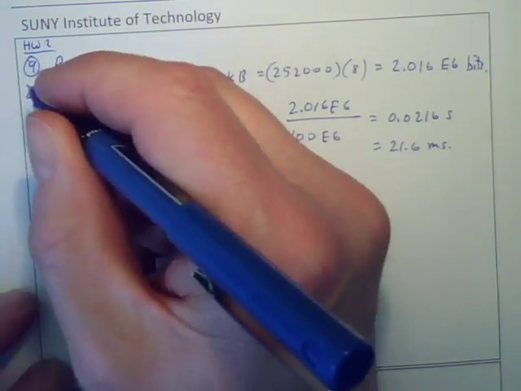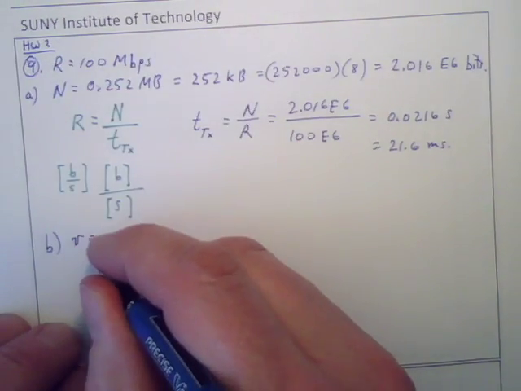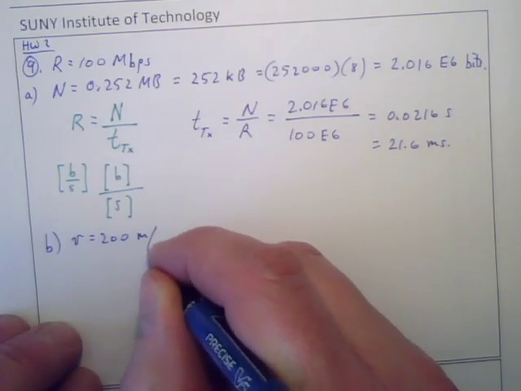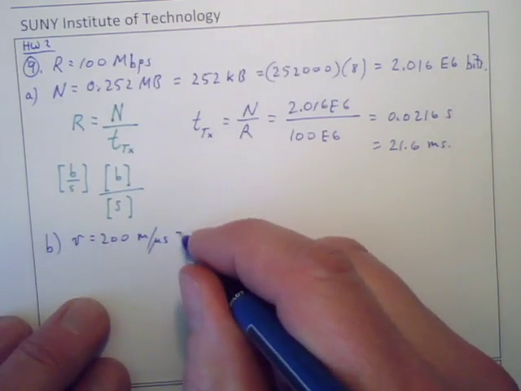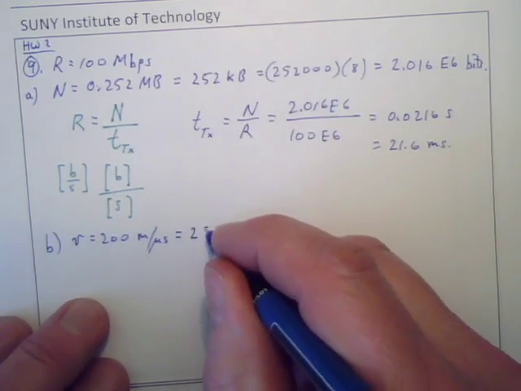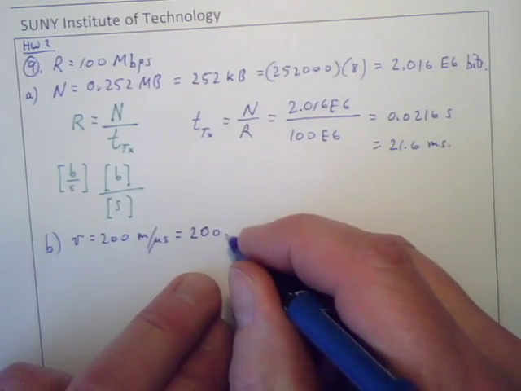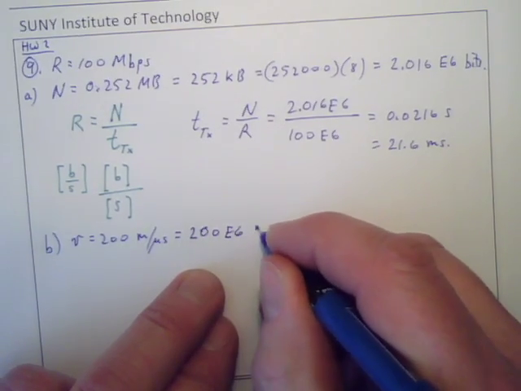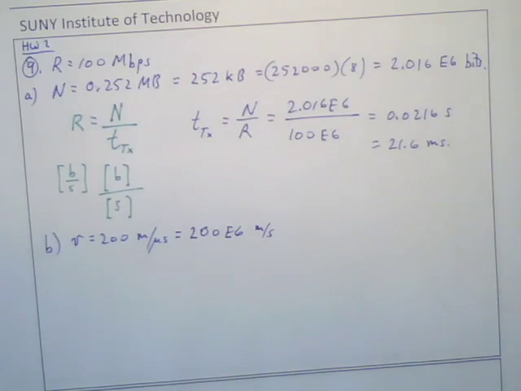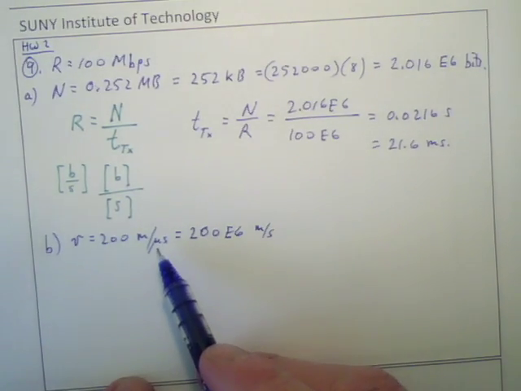For part B, we're given that v is 200 meters per microsecond, which is the same thing as 200 times 10 to the 6th meters per second. A microsecond, remember, is 1/1,000,000th of a second.